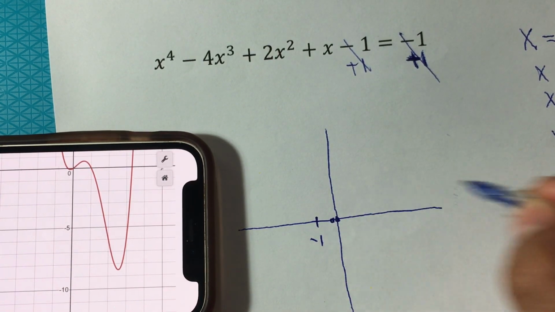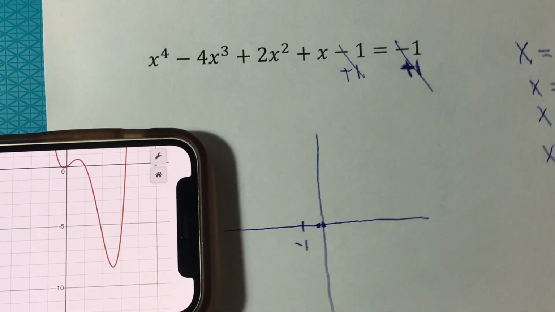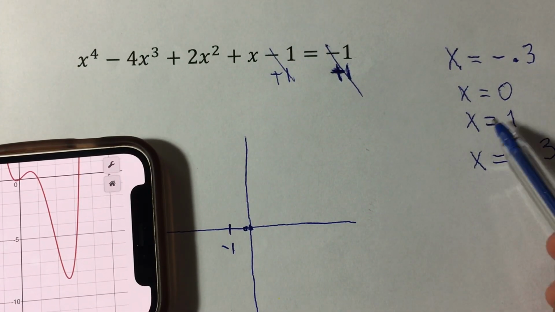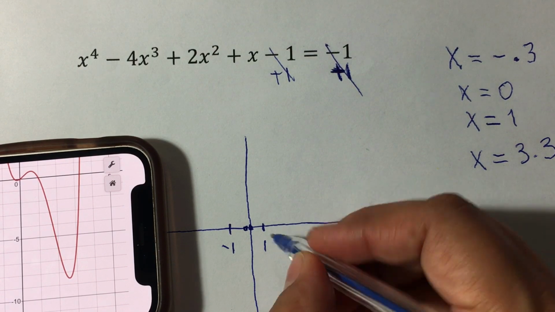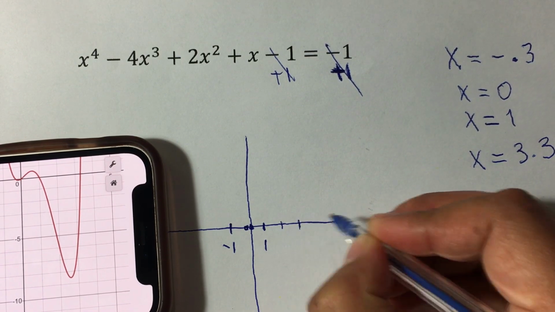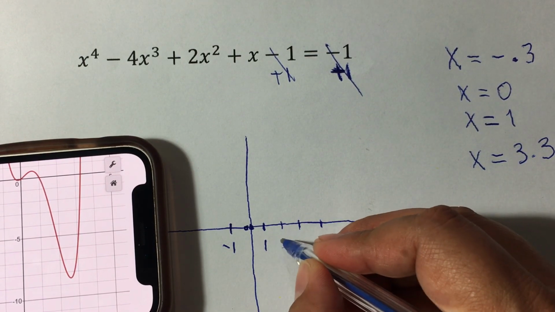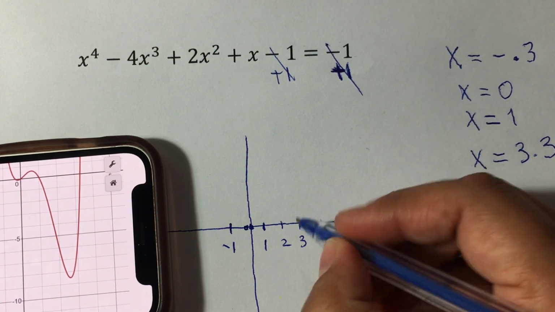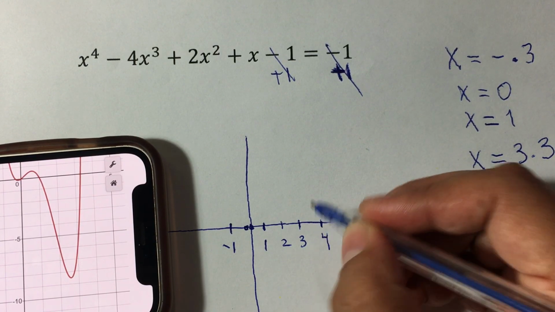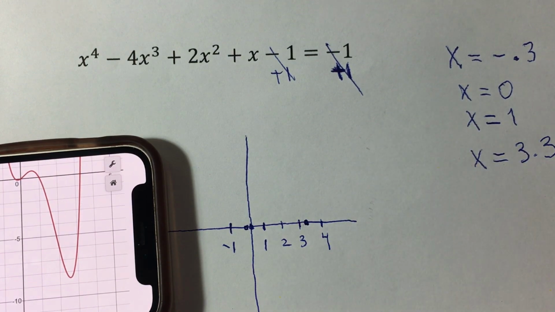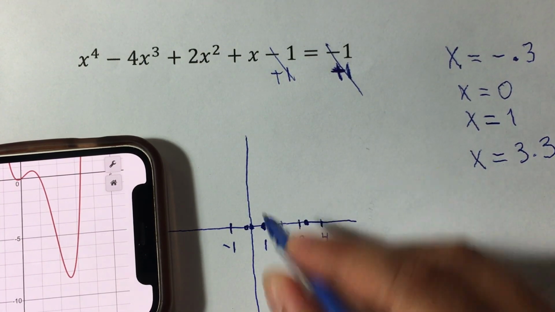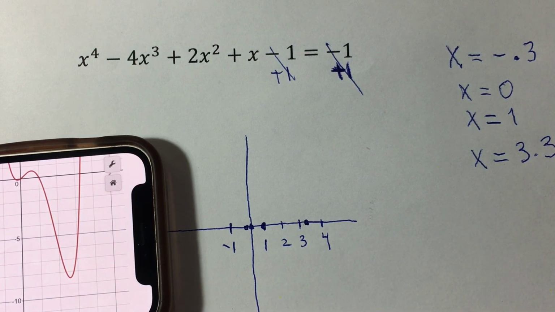We have the 0, 0. We have 1 and 3.3. So 1, 2, 3, 4. It also goes through 3.3 around here and 1. So those are my 4 points right there.